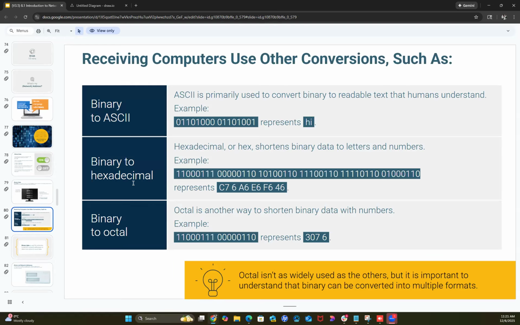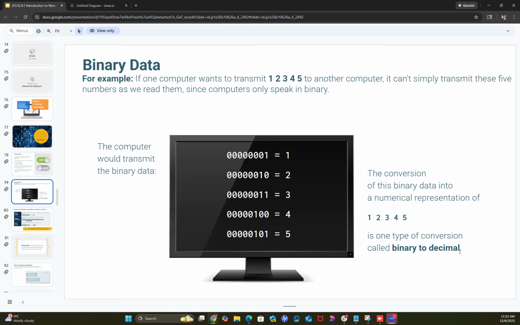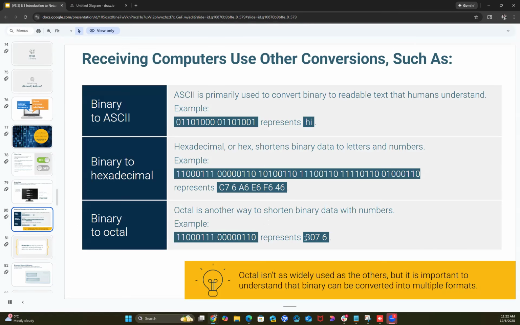And hexadecimal means a binary and ASCII combination. C7, there C is the ASCII and 7 is the binary. And binary to octal is another way to shorten binary data with numbers. Octal and decimal are different. Octal has only 7 digits. We will discuss everything later.